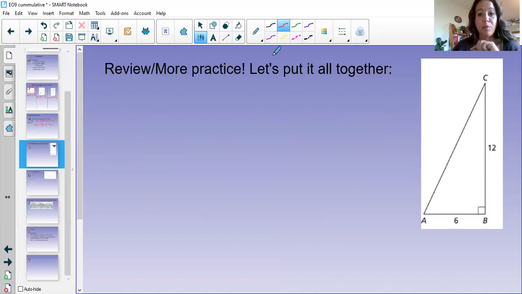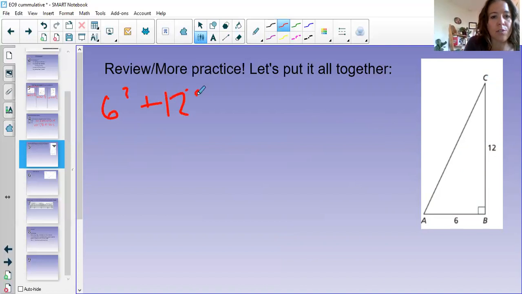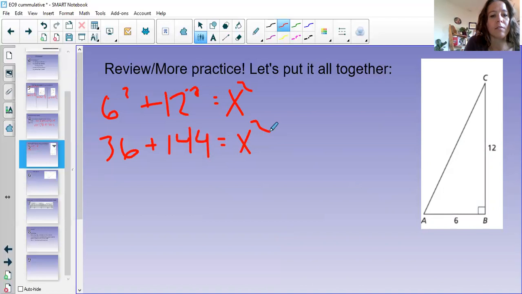So this is a review of 9.1, right? So we're going to have 6 squared plus 12 squared is going to give me my x squared, or that side AC. 6 squared is 36, plus 144 is equal to x squared. That is 180, right?